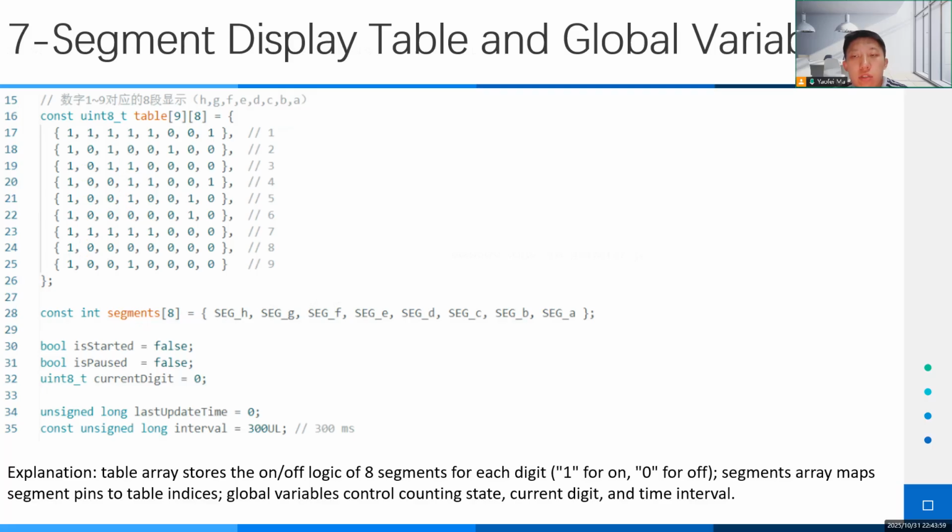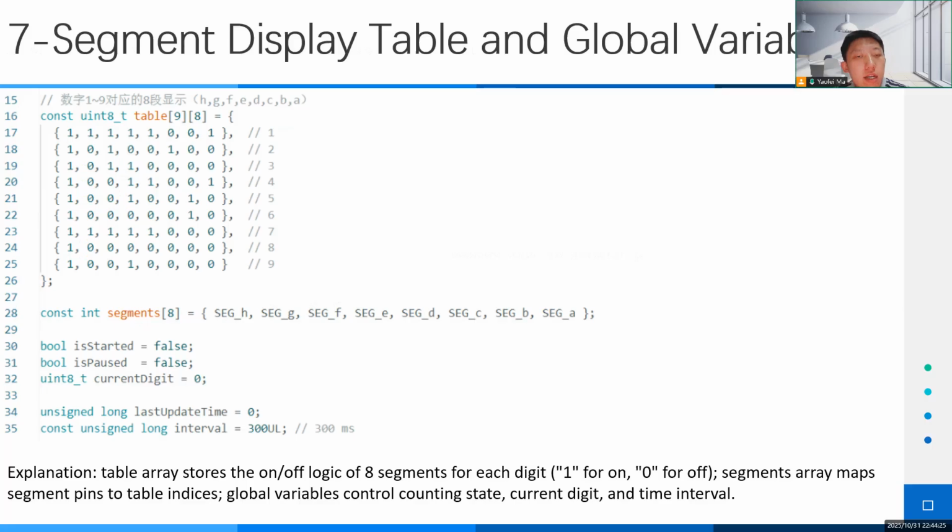This table tells each segment to turn on or off for numbers 1 to 9. For example, to show number 1, some segments turn on, others off. The table stores this logic. We also have a segments array. It maps the display's segments to the table's order.